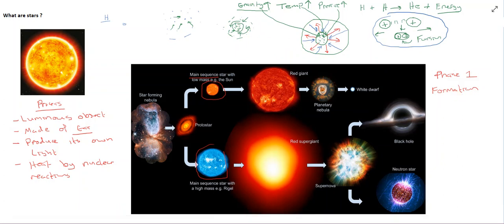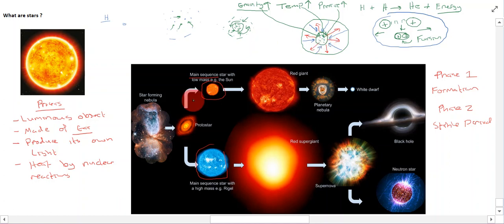And then phase two is what's known as the stable period. Over billions of years, the star becomes stable, and we call such a star a main sequence star.